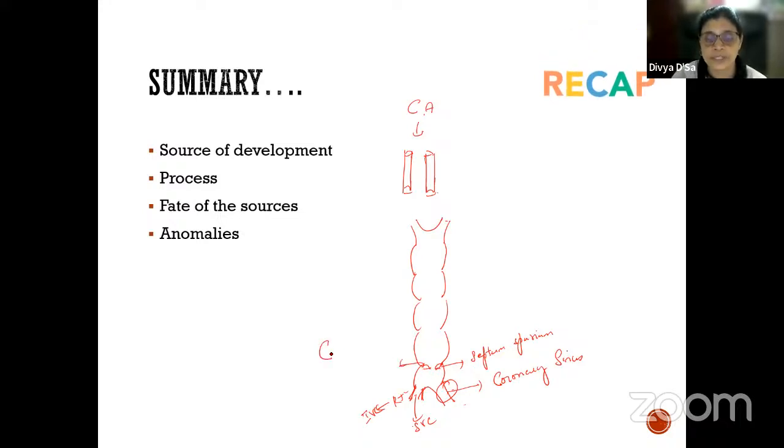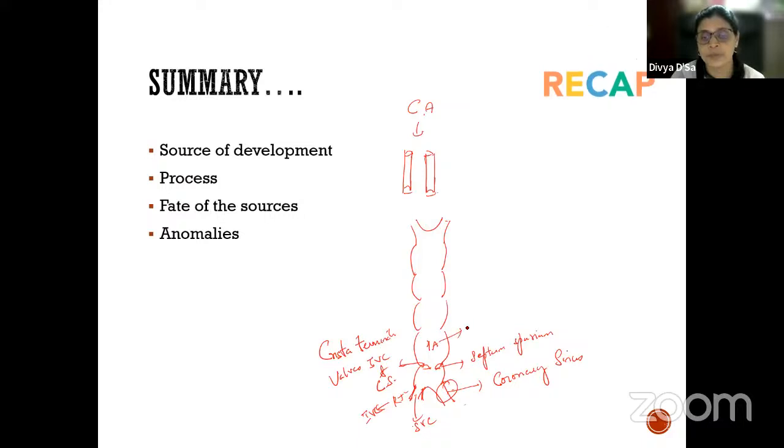It will form the crista terminalis, which is the demarcation between the anterior and posterior walls of the right atrium. So it forms the crista terminalis as well as the valves for inferior vena cava and which one? Coronary sinus.